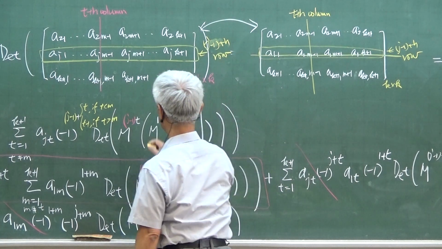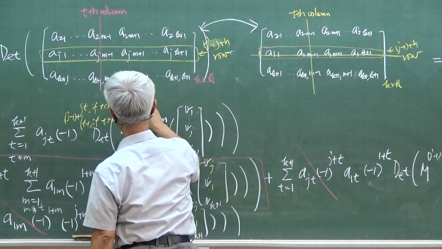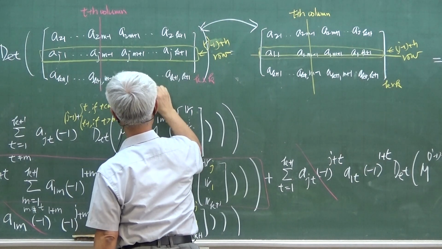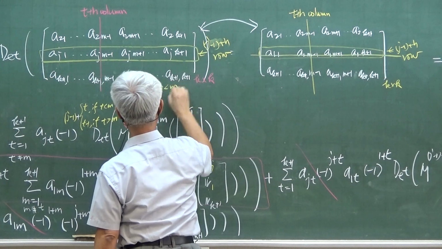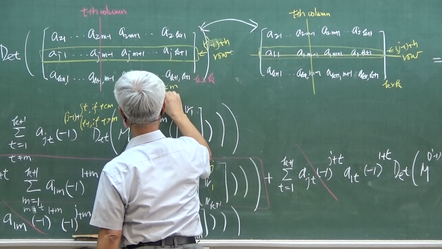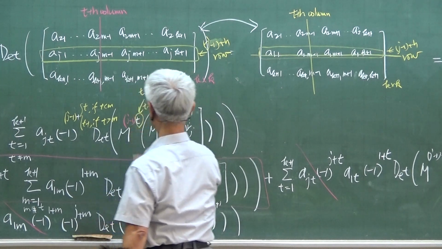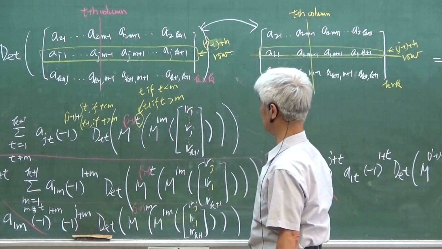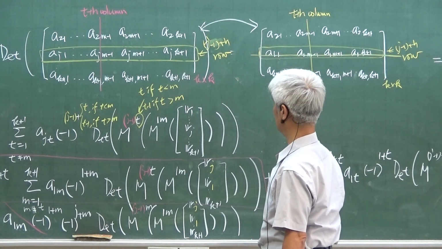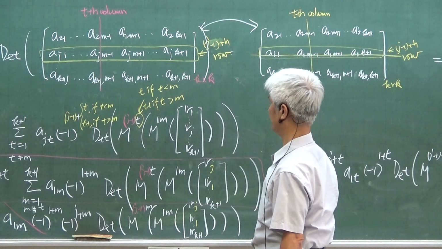Okay, and here, again, I have to replace this one. t if t is less than m, and t minus 1 if t is greater than m. So it's not like that. Yeah.